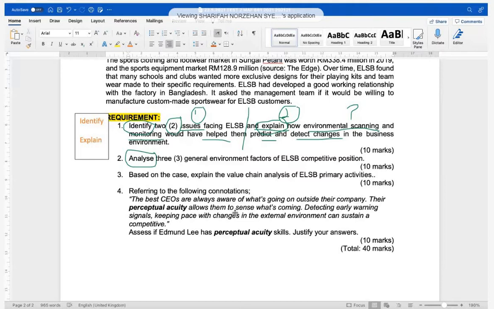When it comes to external factors, what do you know about them? Outside of the organization. Yes, what else?